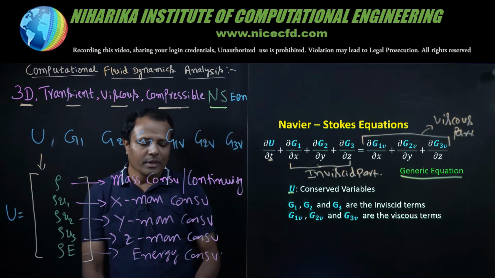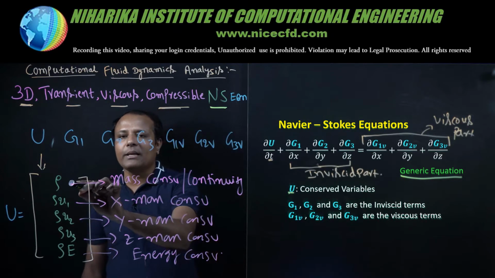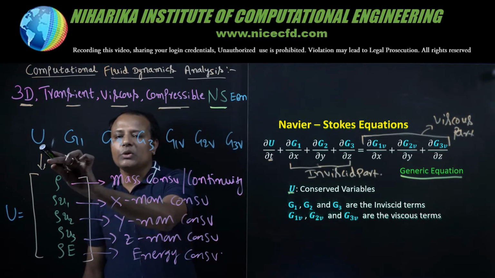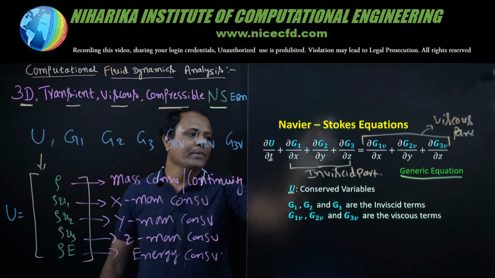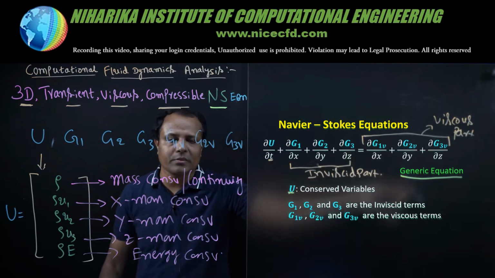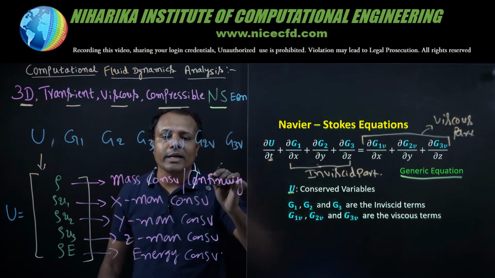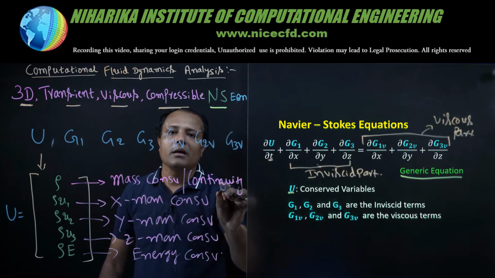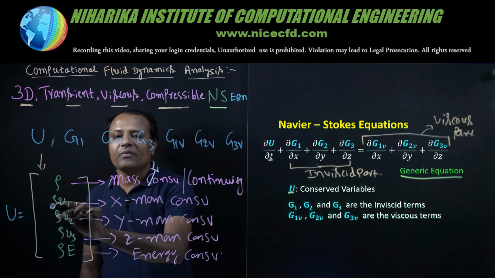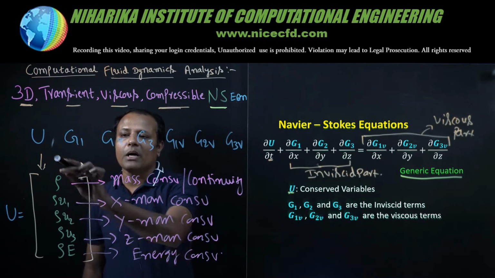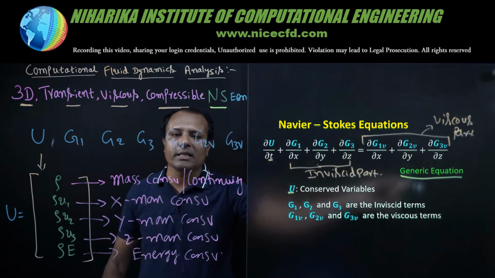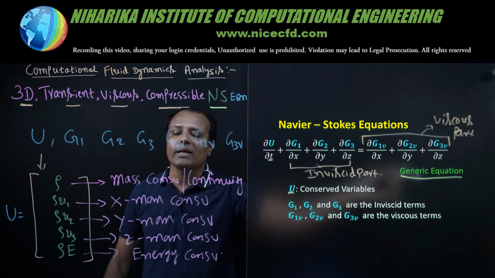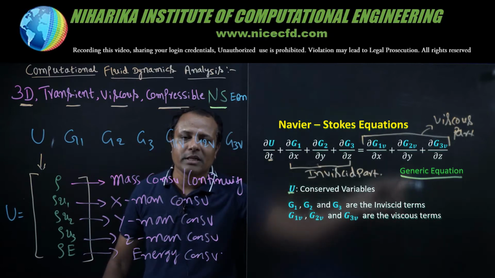Now, if I pick the first element of matrices U, G1, G2, G3, G1V, G2V, G3V and substitute into the generic equation, I am going to get the continuity equation or mass conservation equation. Similarly, if I substitute the second term of all these 7 matrices into the generic equation, I am going to get the X momentum conservation equation.